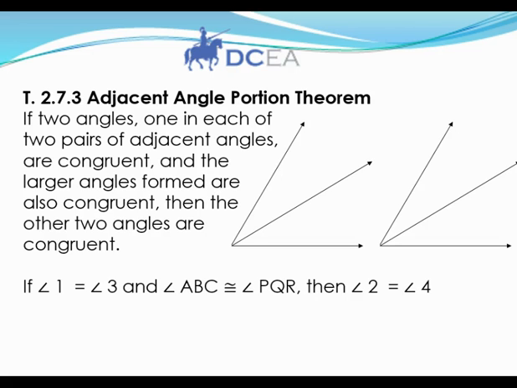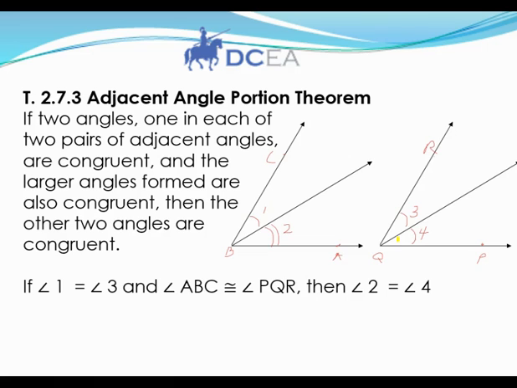So if, and let's go ahead and draw these angle notations as they've given it to us, if angle 1 is congruent to angle 3, and angle ABC, which is the larger angle, is congruent to angle PQR, then consequently angle 2 will be congruent to angle 4.